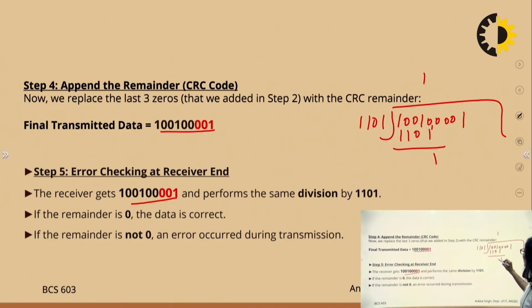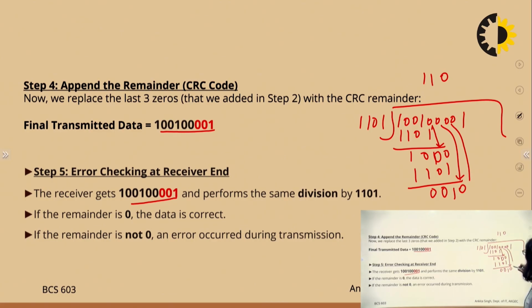It is 1 0 0 1, I will take down this 0. So it will come out to be 0, 1, 1, right? This is 0, this is 0. Again, 0. So likewise, 0, 1, 1, 0, 1.